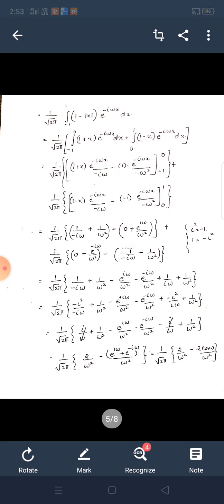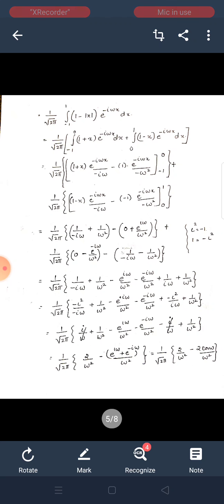And then the next step: 1 by root of 2 pi, 1 plus x into e raised to minus i omega x integrate, e raised to minus i omega x by minus i omega, minus 1 into derivative of the first part, which is 1, into integral of the second, plus the second integral, which we can also get. And from this, when you give the upper limit we have the sum of two parts.